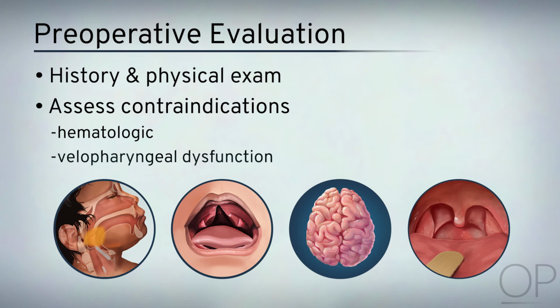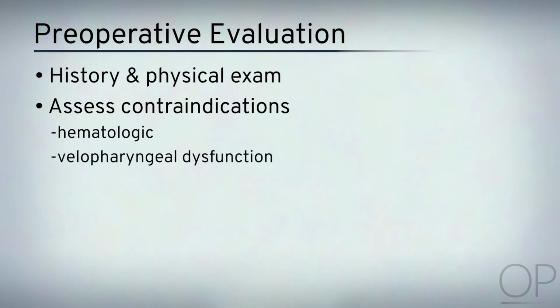These conditions can be identified by careful inspection of the palate and evaluation for symptoms of hypernasality. If velopharyngeal dysfunction is identified preoperatively, a partial or superior adenoidectomy can be considered, but parents should be informed of the risk of worsening velopharyngeal dysfunction.